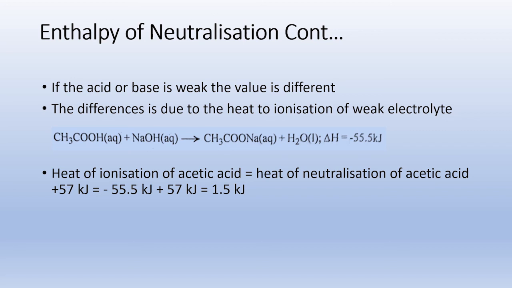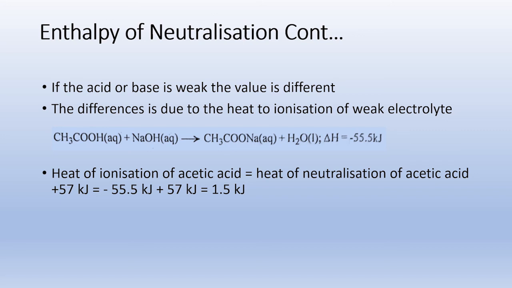So in order for dissociating acetic acid, some amount of energy will be consumed and that energy is called heat of ionization of weak electrolyte. So we can calculate heat of ionization of acetic acid equals heat of neutralization of acetic acid plus 57 kilojoule, that is minus 55.5 kilojoule plus 57, that means 1.5 kilojoule.